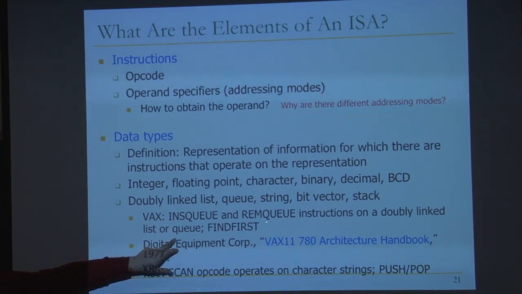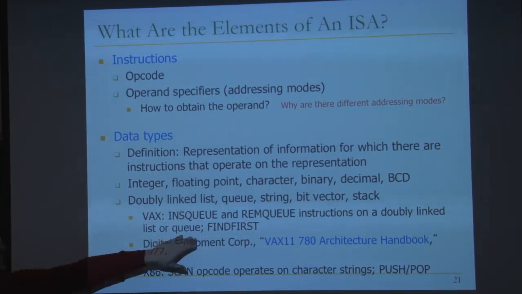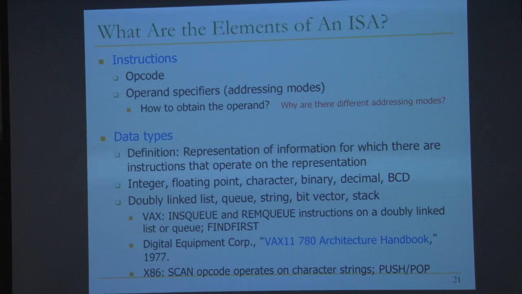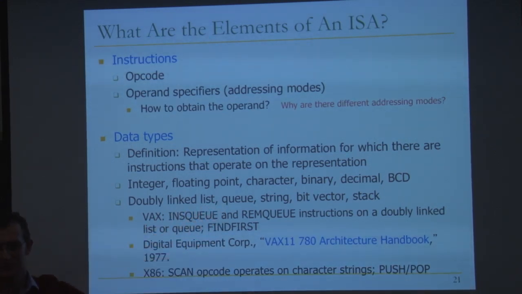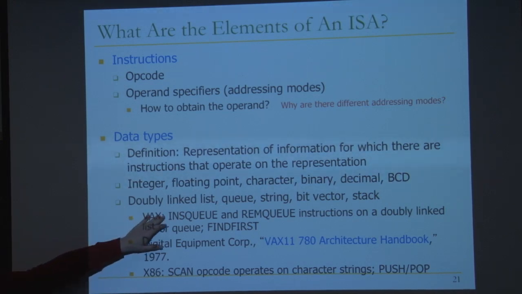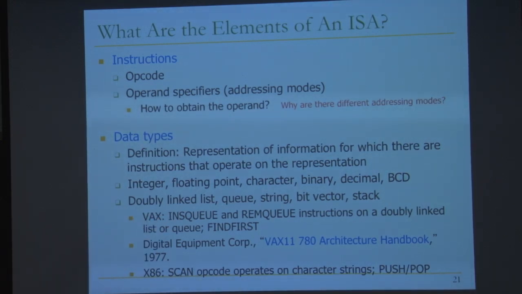Find first instruction was another instruction that basically looked at a bit vector and found the first bit that was set, going from left to right. Does that make sense? In this case, bit vector is a data type, right? And you would like to find the first bit that is set. Now, it turns out this is actually useful for a lot of resource allocation decisions that you make in the operating system.